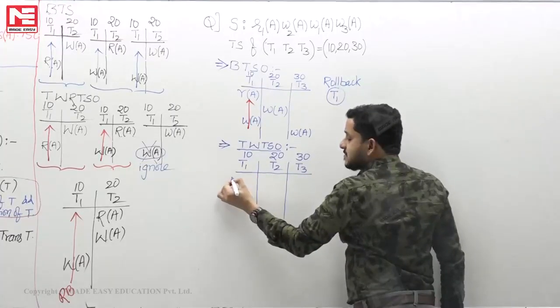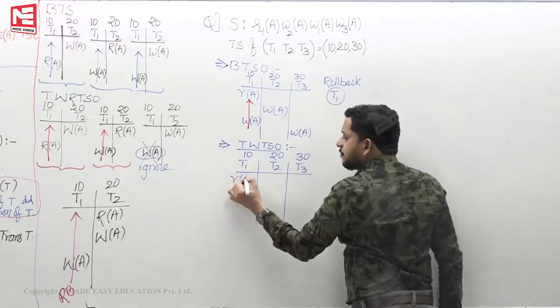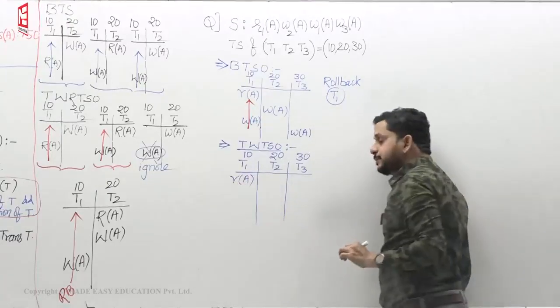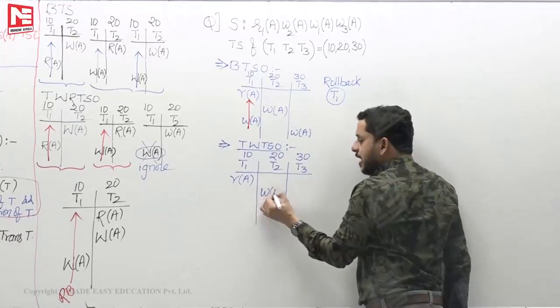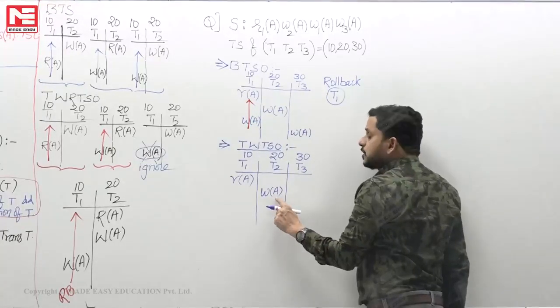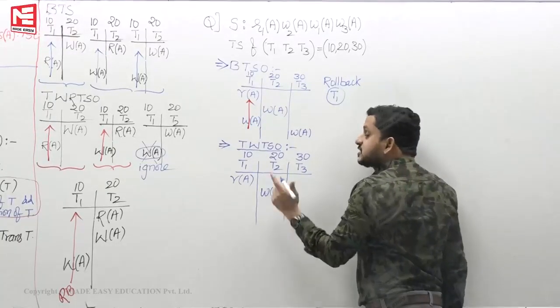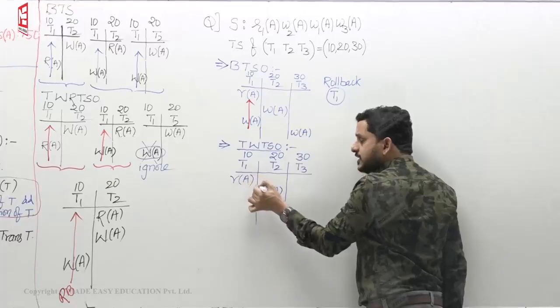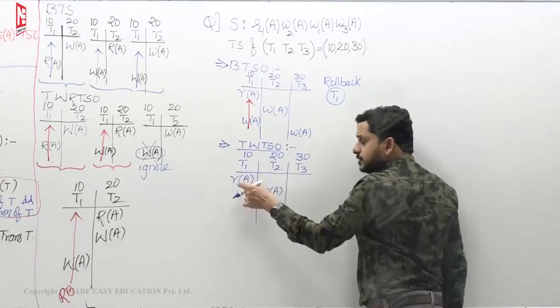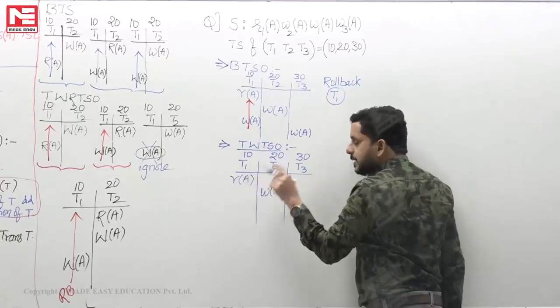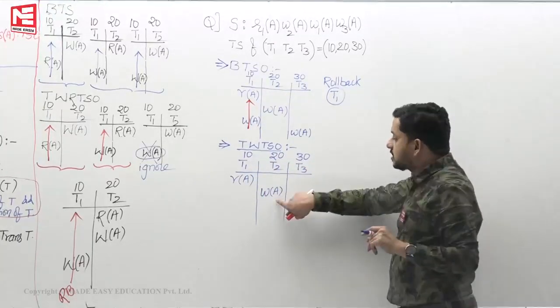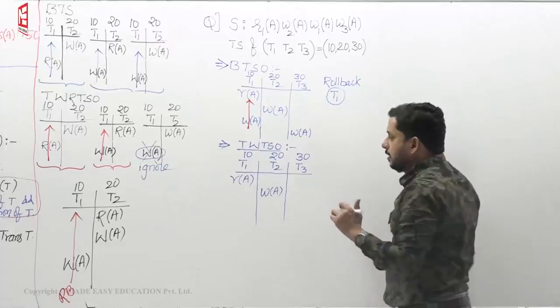T1 requesting read of A is allowed, no conflict. T2 requesting write of A: even though it is a conflict, this conflict is allowed, since the conflict pair precedence is the same as timestamp order. This is not going to cause any problem in any protocol.